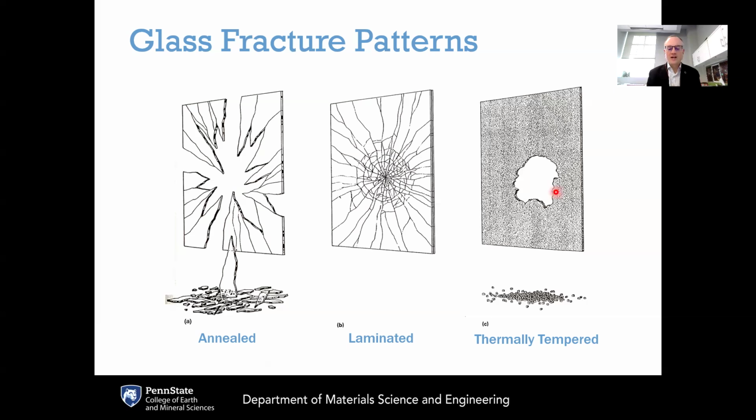Those two new cracks can then release energy at twice the rate until they hit their terminal velocities, and then they will bifurcate again and form four cracks, and then eight, and then 16, and so on. And therefore, this fracture occurs in a kind of fractal type of pattern, and that leads to a fragmentation of the glass into very small pieces.